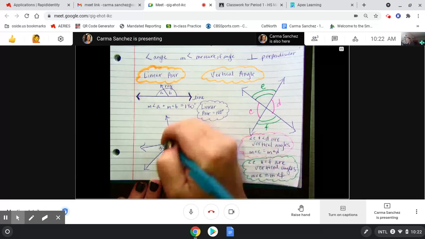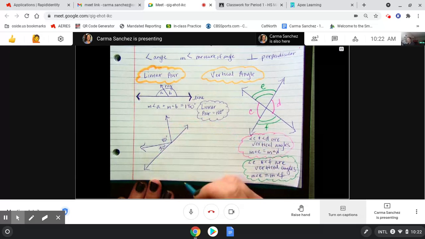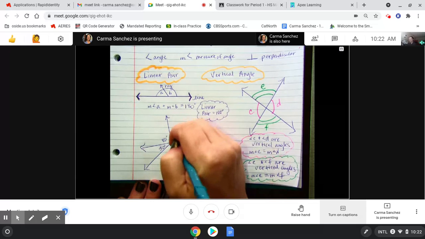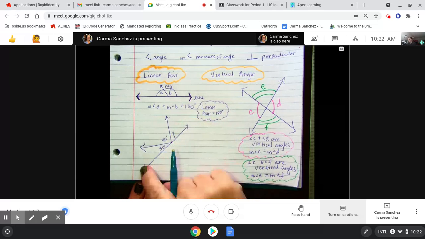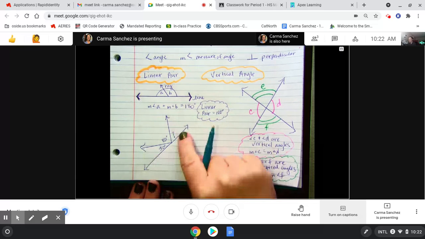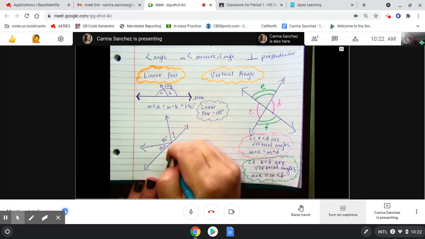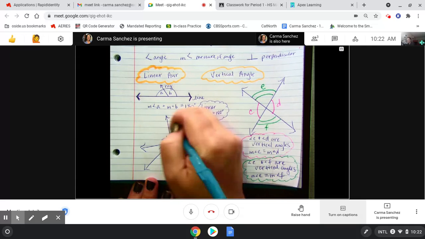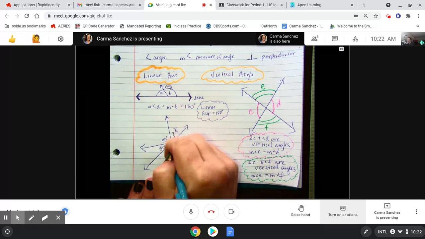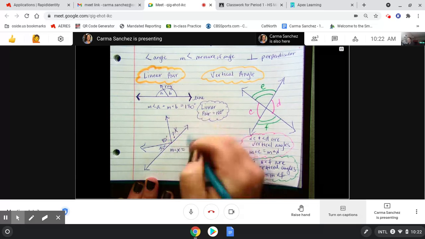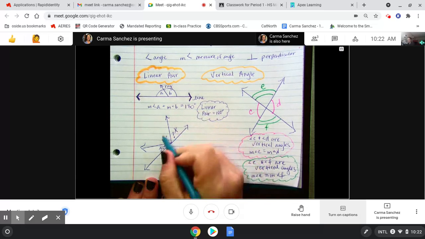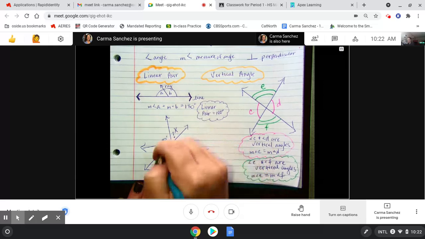This one here might be 80 degrees. And they're asking you for this one here. So we can tell that this is still along a straight line. And we can say that the measure of this angle here, I'm going to call this angle X, is equal to 180 minus 80 and minus the 30.